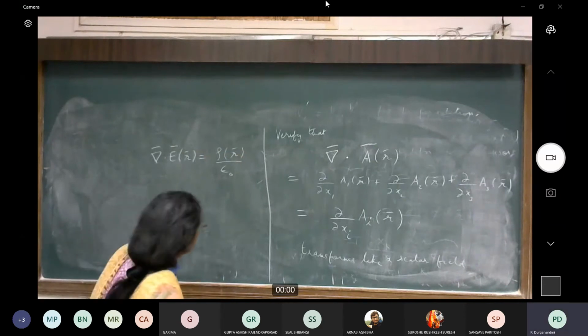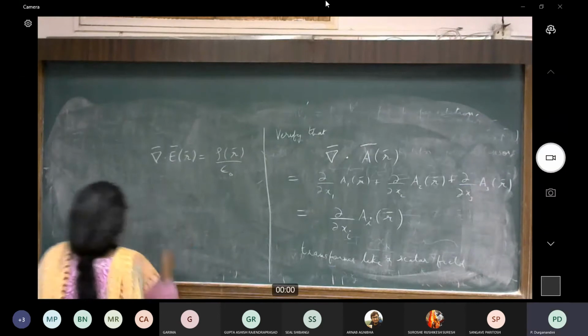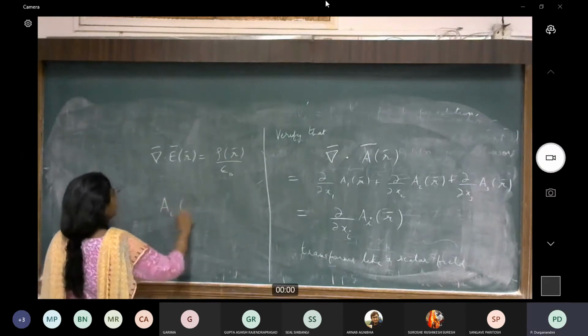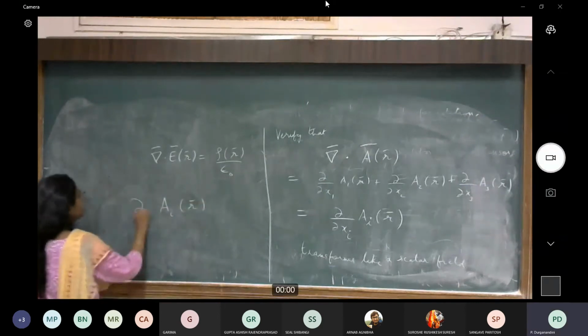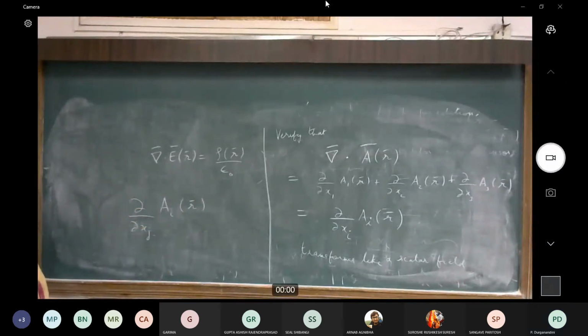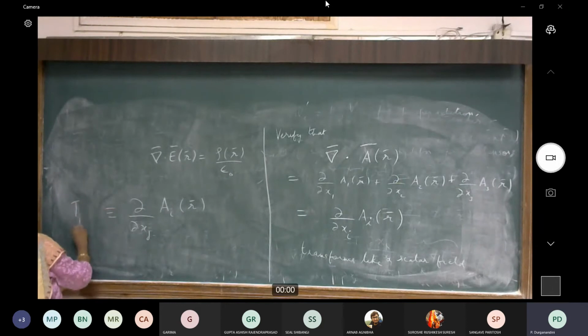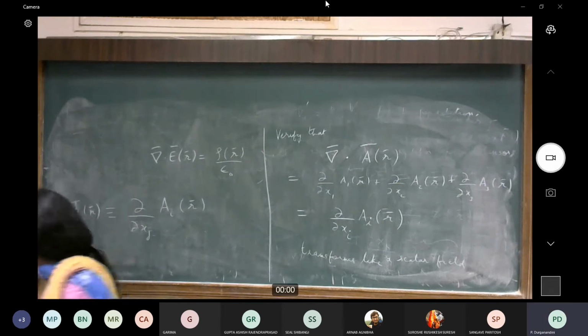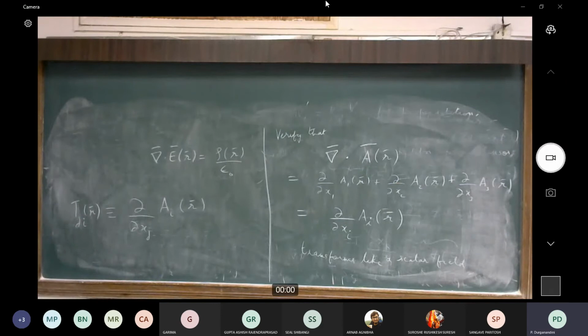Now, given a vector field, I can do further things. So suppose I have a vector field. Now I can do this. So I can again construct an object which has two labels. I've taken the derivative again, or you can think of it as I've taken the gradient of this vector field now.